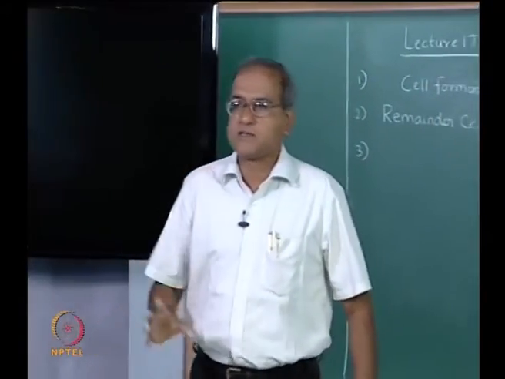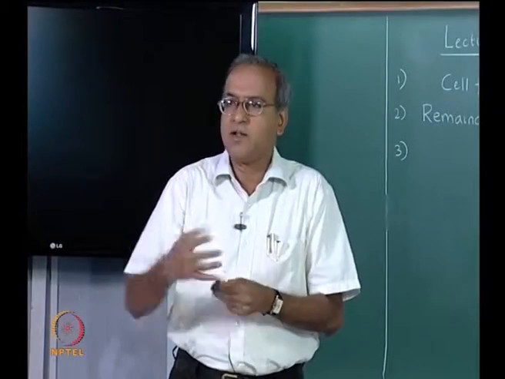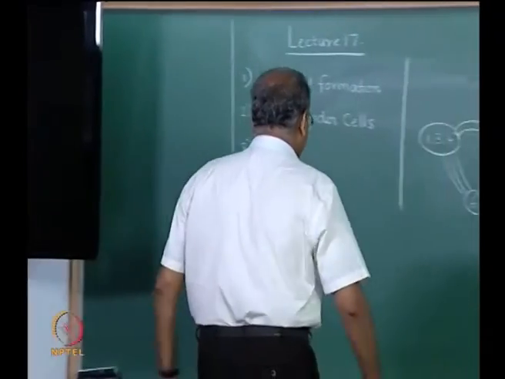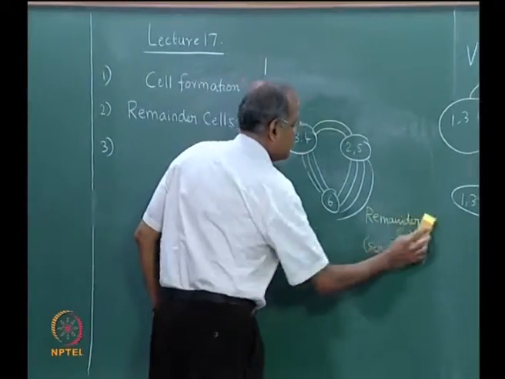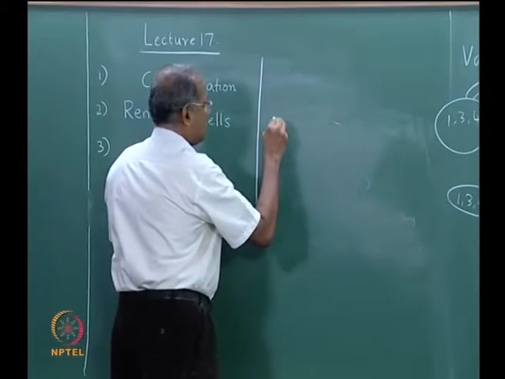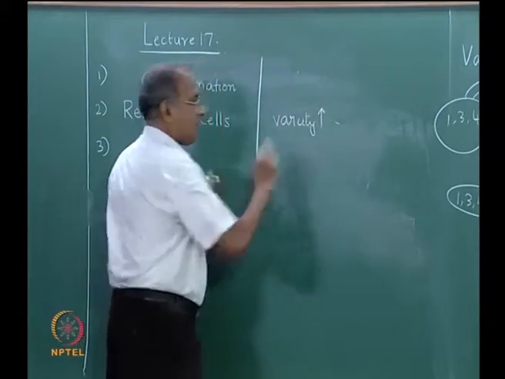Now such an idea is called a service cell or a remainder cell. Now this is one way of representing it, and this becomes significant when variety increases.